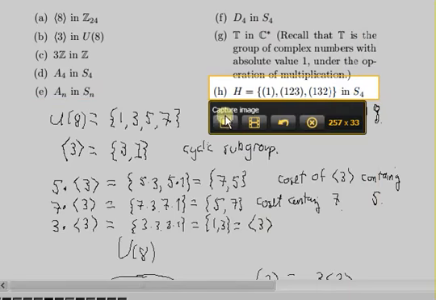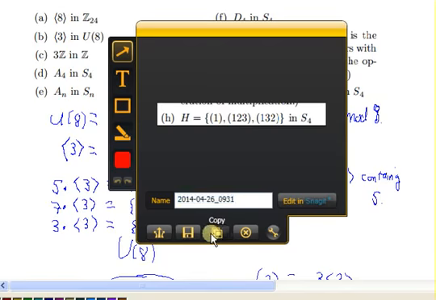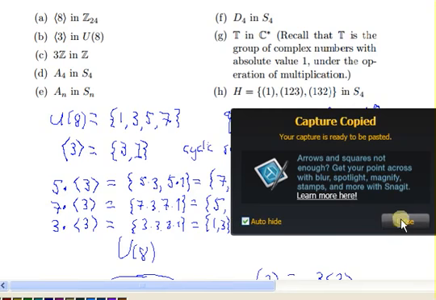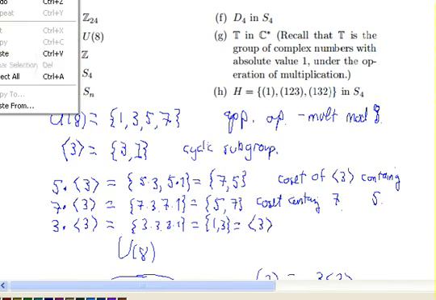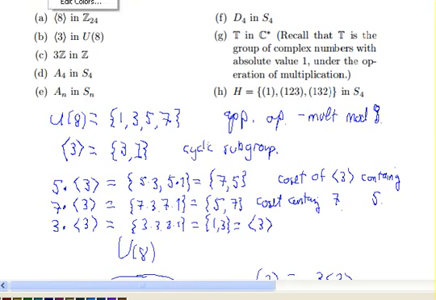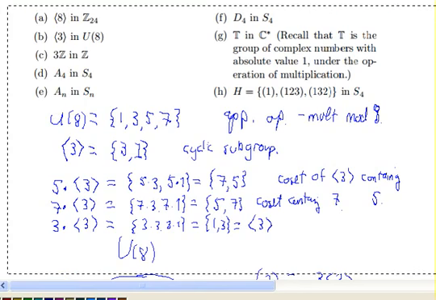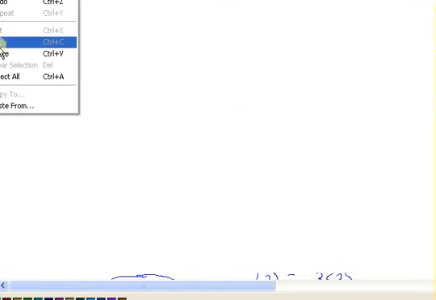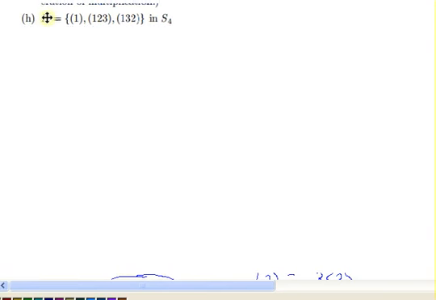And we'll copy. And I'm also going to take this and get rid of all this. And let's see if this will paste. Okay, here we go. So let's go ahead and try this problem here.